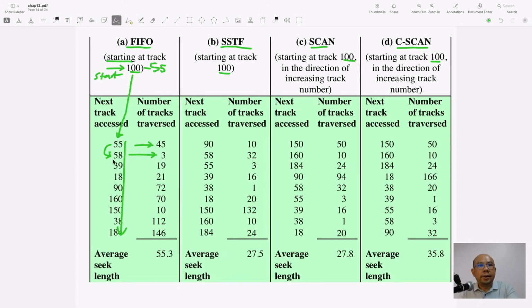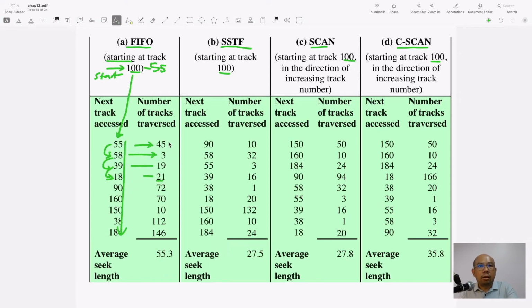And then from 58 it moves to 39, which passes 19 tracks, and then from 39 to 18, which passes 21.